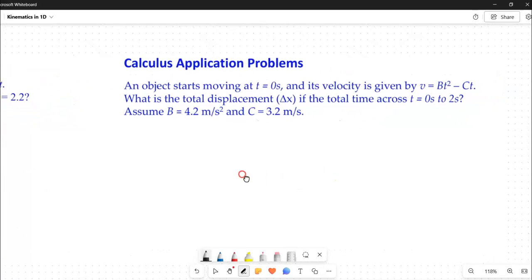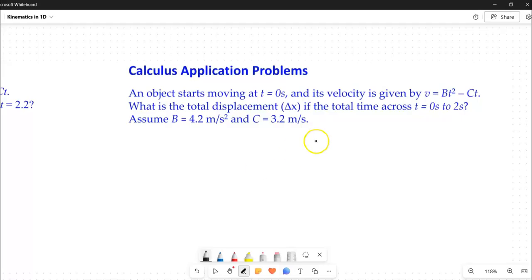Now, suppose we are given an equation of velocity equal to bt squared minus ct. This would be a curvilinear velocity equation, right?